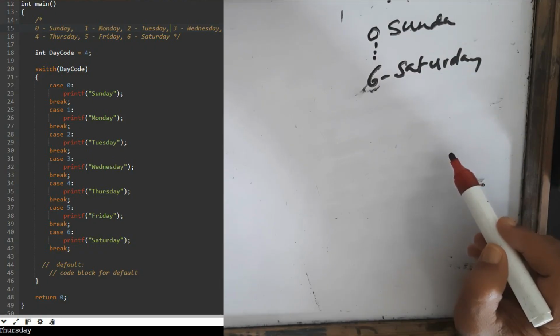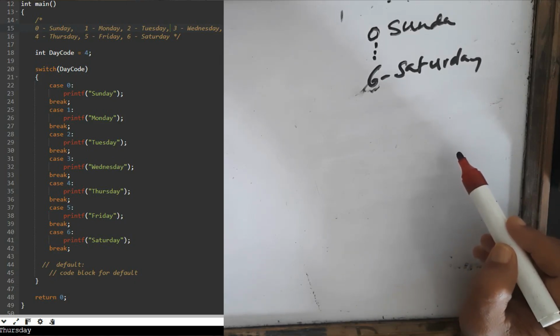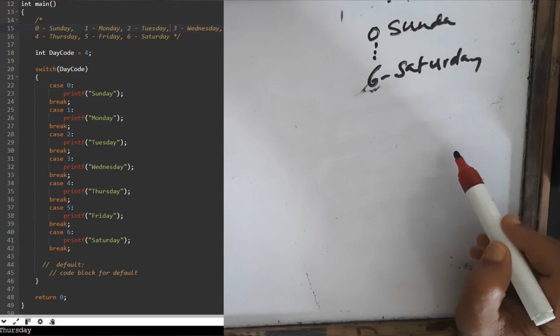It will check the day code. Here in this example, day code is 4, so it will go and print Thursday. You can see the output is Thursday, and once it's done, it breaks and goes to the end of the switch case. So here you can see no default because we don't require a default here. Default is commented. I have not added any default for this switch case.